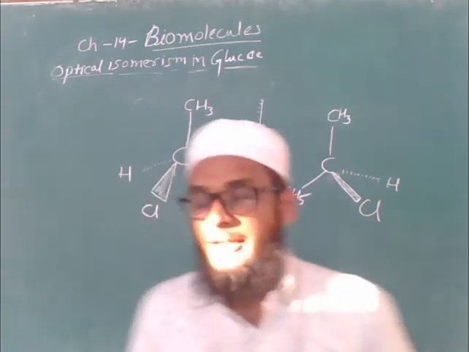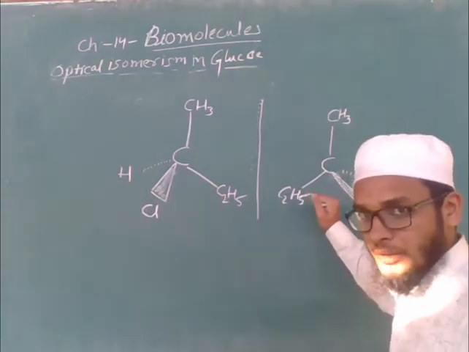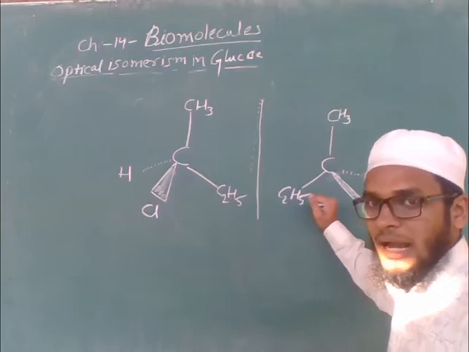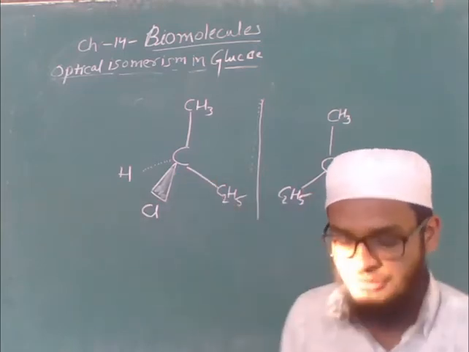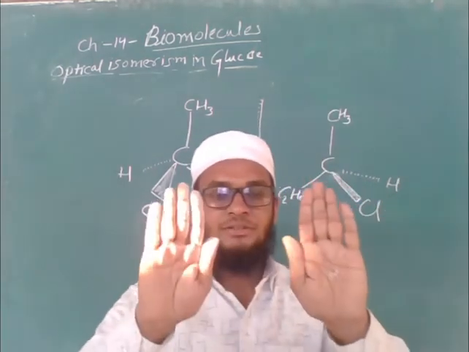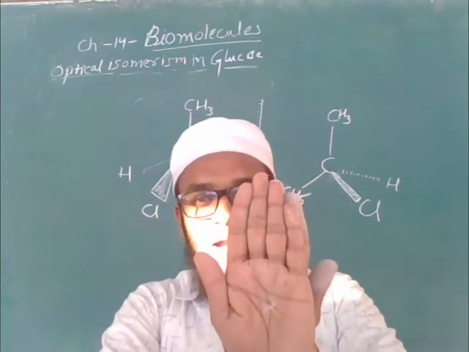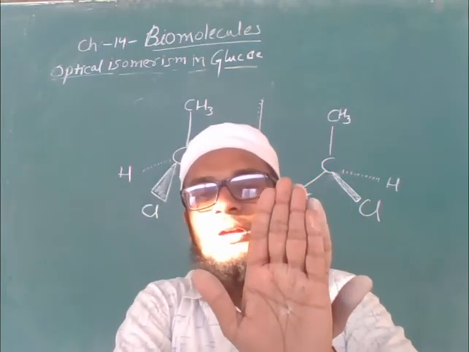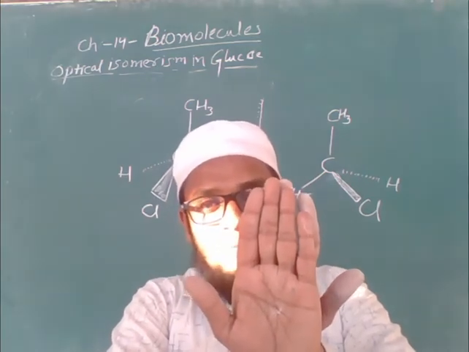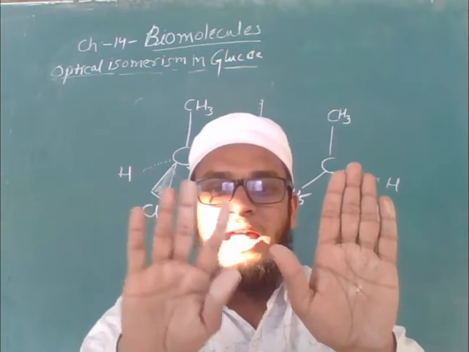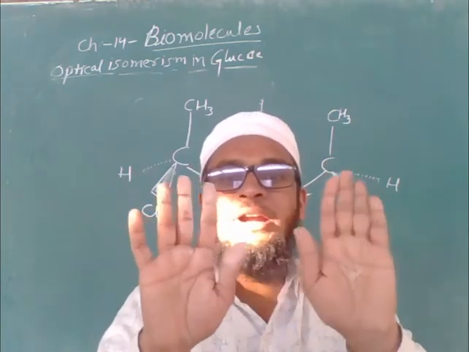Okay. Now if you notice, if I took this molecule and I have imposed it on this, will it be superimposable? It's like my two hands. Look at this. These two are mirror images of each other, and if I impose them one on another, they will not be superimposed. So are they the same? No, they are different, because their arrangement of atoms, their arrangement of my thumb, is different in space.